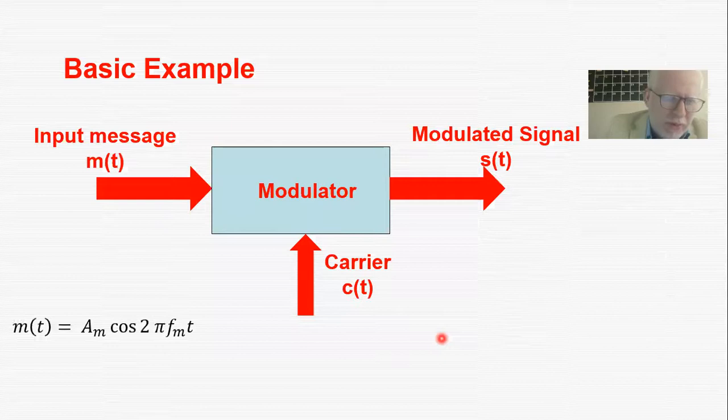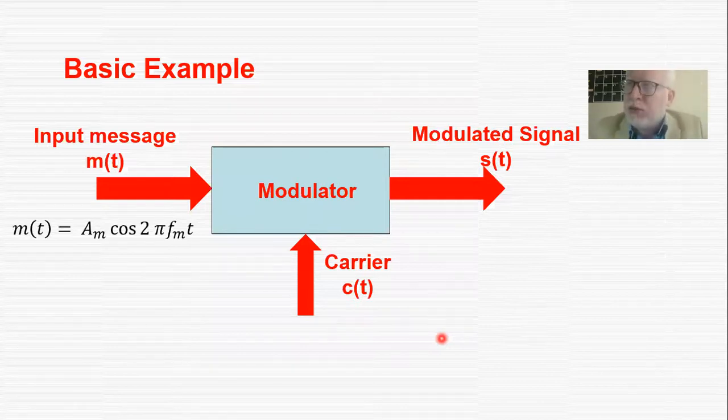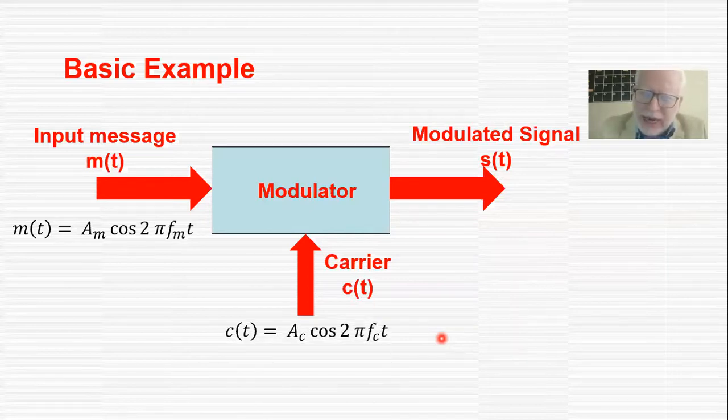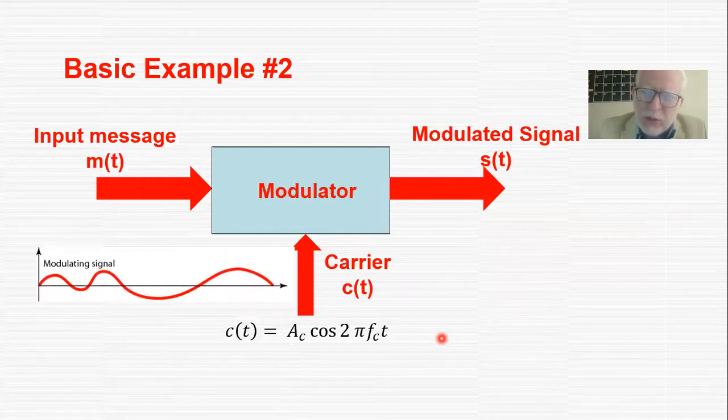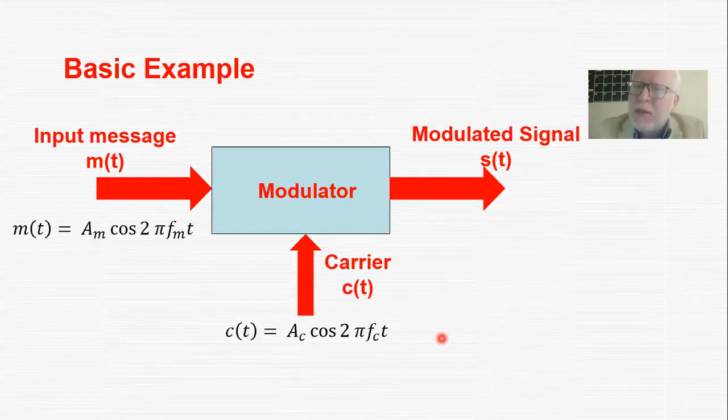If you remember, we considered a very important example where the input m(t) is just a monotonic wave, which is a sinusoidal wave, and still the carrier is a sinusoidal. And we investigated together what will be the output.